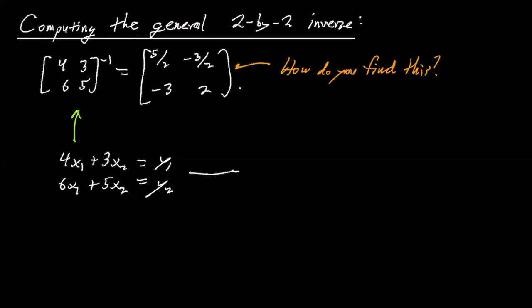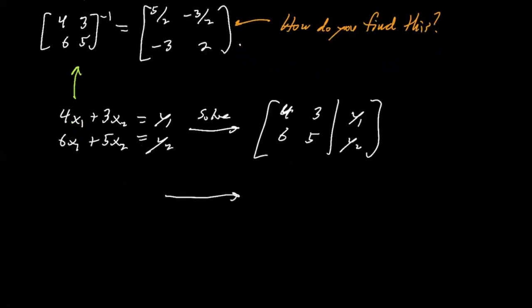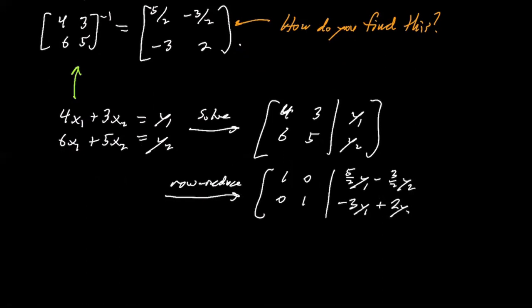So if we solve, you basically have this augmented matrix, these coefficients, and then y1 and y2 in the augmented column. And then I just claim if you row reduce this, you should try it yourself, that you end up with the nice 1, 0, 0, 1 pattern there, and that you actually get 5/2 y1 minus 3/2 y2 here, and minus 3y1 plus 2y2 there.